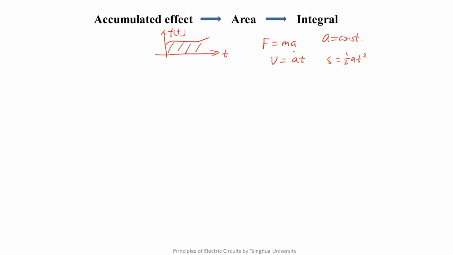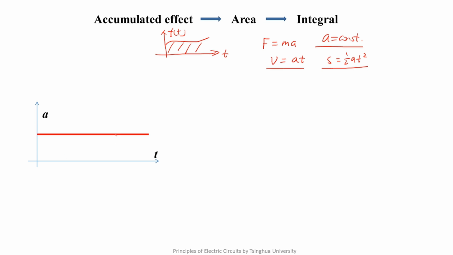Let's see, when a is a constant, how do the speed and the displacement represent the accumulated effect? This waveform represents when a is constant. a doesn't change with time.